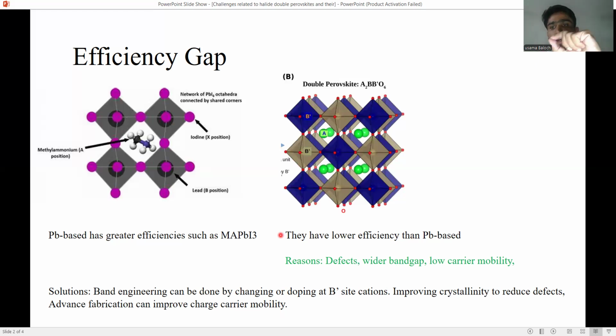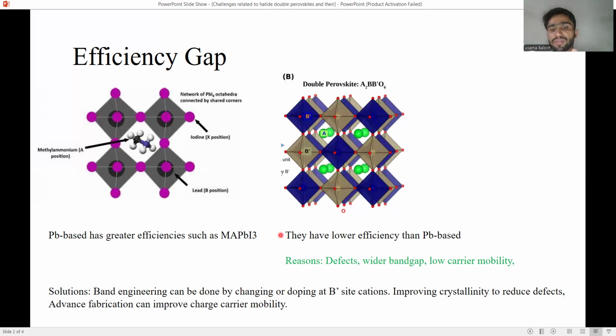So these materials have a wider band gap, and as I discussed earlier, this comes from removing Pb and introducing other elements, which causes a wider band gap, low carrier mobility, and defects. There are a few chances that defects can be introduced.